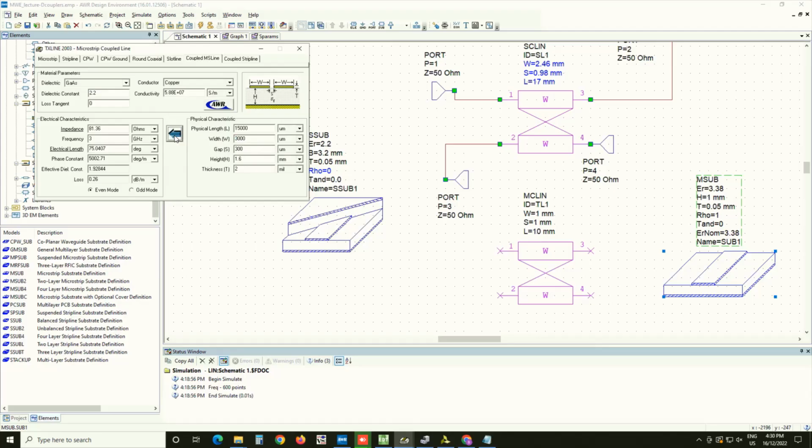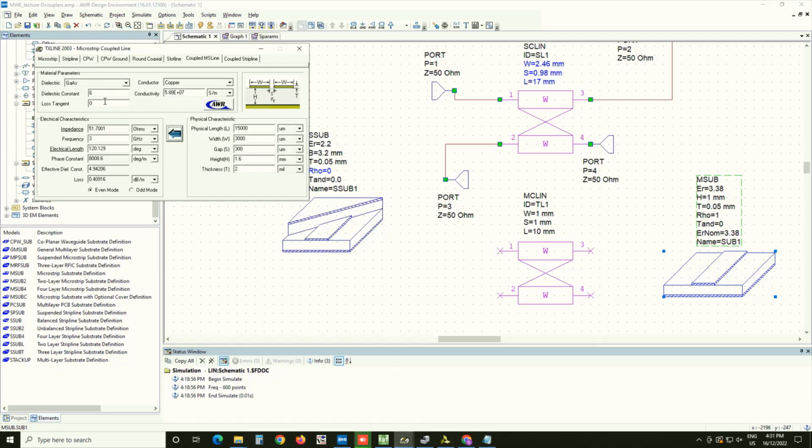So you see the strip has to be much wider because there is dielectric only on one side. In fact, maybe to make things simpler, let's increase the dielectric constant so that these dimensions are more reasonable. Otherwise, it will become very large.